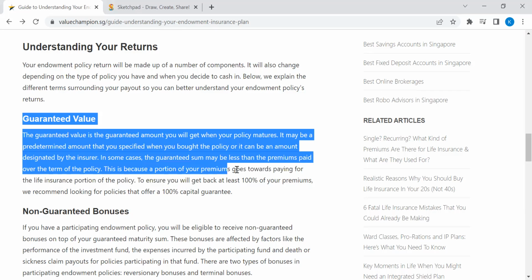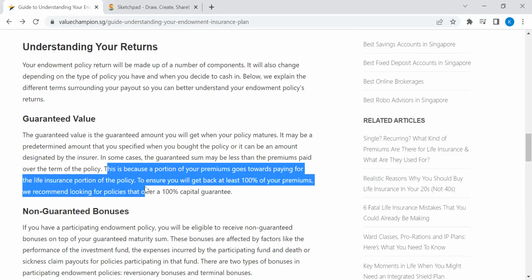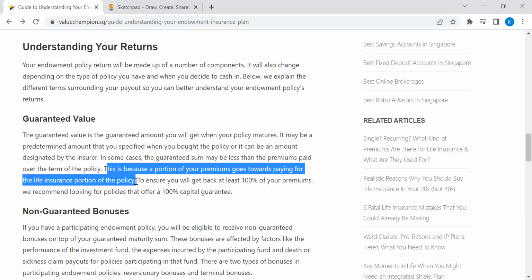This is because a portion of the premium goes back to paying for the life insurance portion of the policy. And that is correct as well, because different policies are designed for different purposes. For example, certain policies actually have a higher coverage. In that case, they might not be 100% capital guarantee.